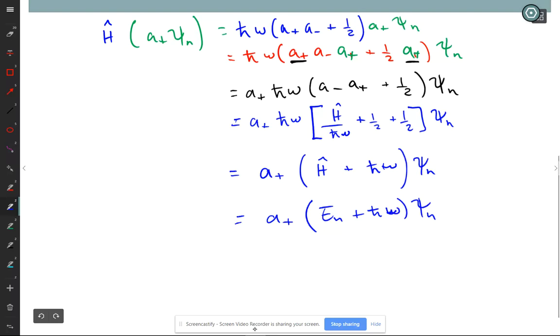So what I have shown now, well, I'm one step away from completing it. The H operator acting on a plus psi sub n is equal to, these are now numbers, so I can move the operator through.